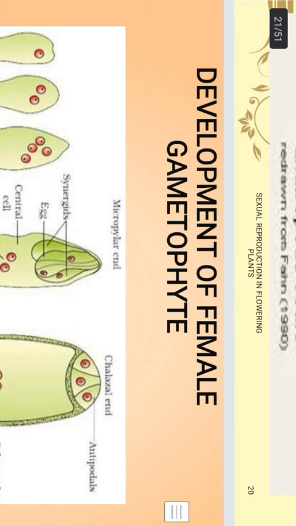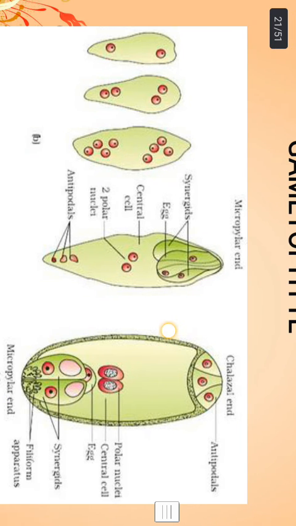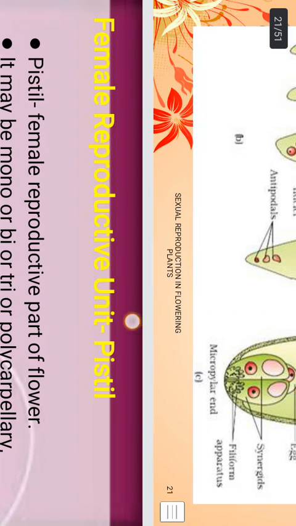Now let us move on to the development of the female gametophyte.